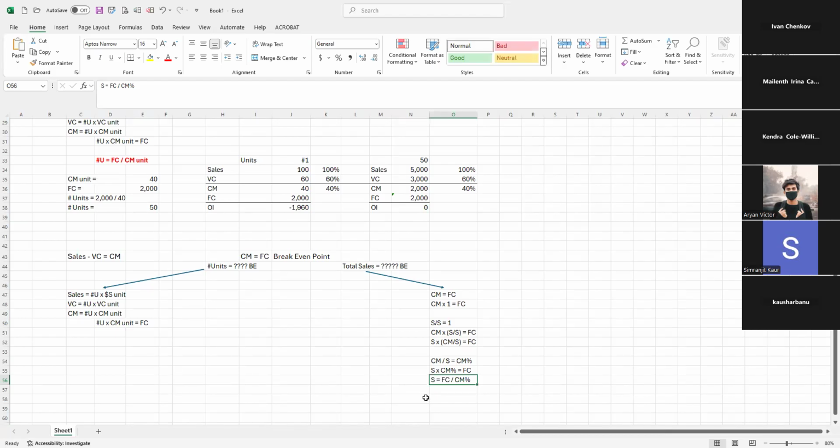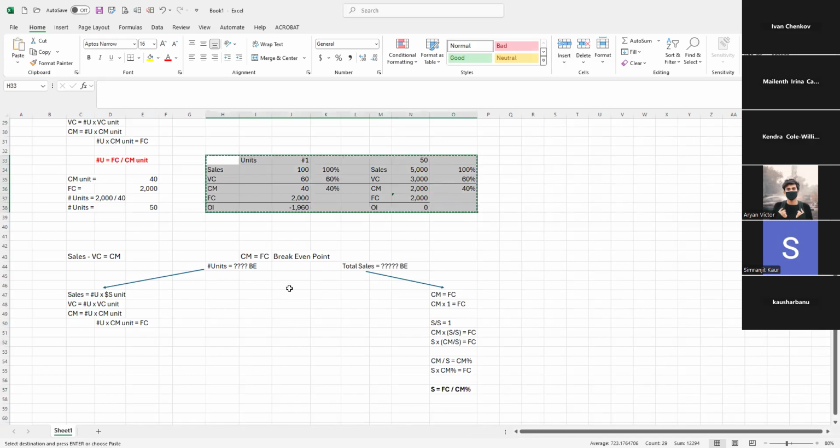Now let's see if this is actually going to work. Let's highlight this formula and apply it to the scenario and see if it actually works.